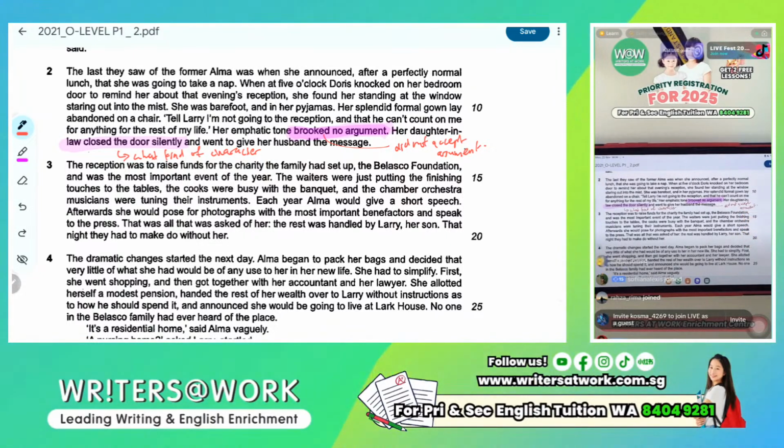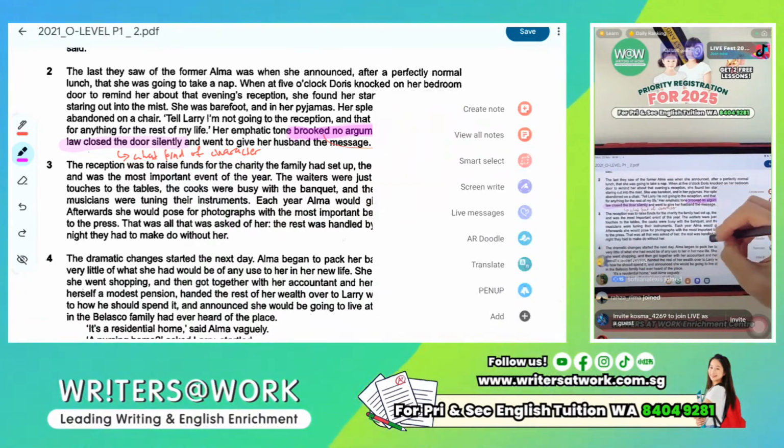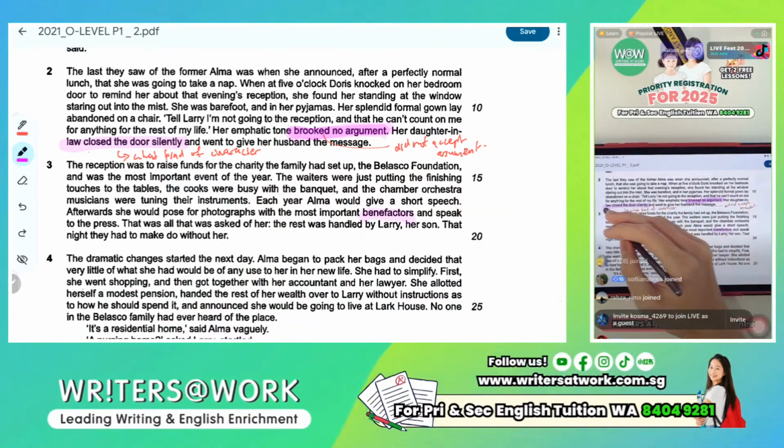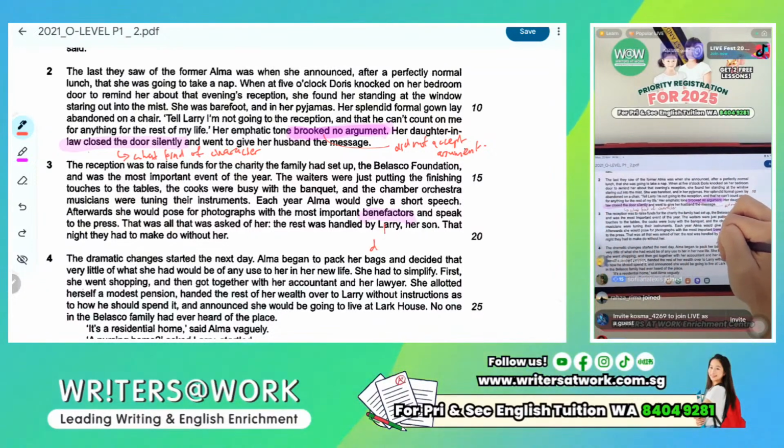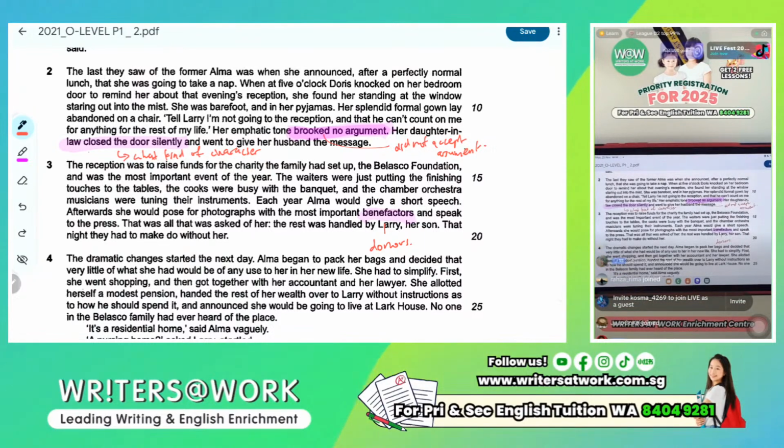Then I think an important word is this one, benefactors. These benefactors are basically your donors, people who donate a lot of money to charitable organizations.